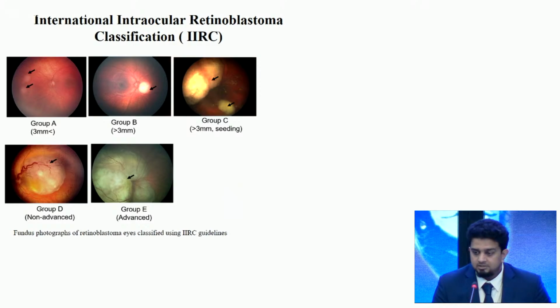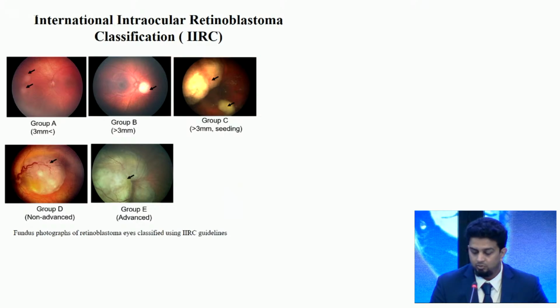The International Intraocular Retinoblastoma Classification groups retinoblastoma into 5 groups, from group A to group E. Group A has tumors less than 3 millimeters in size, and group B has tumors greater than 3 millimeters but away from the retina.